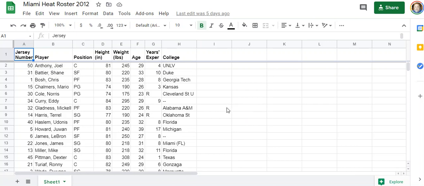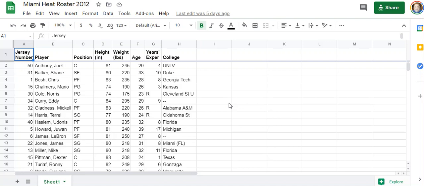Now, we're looking at their position, their height, their weight, their age. You've got to make a decision at some point. What question do you want to ask of this data? And then you've got to figure out what's the best way to create a graphical display.